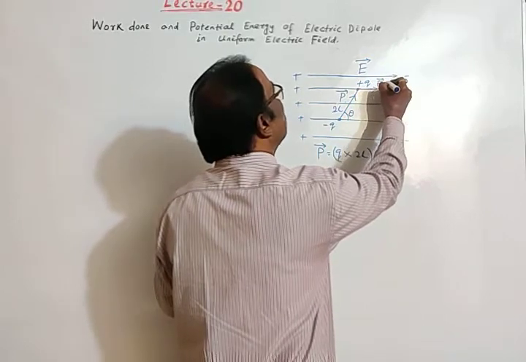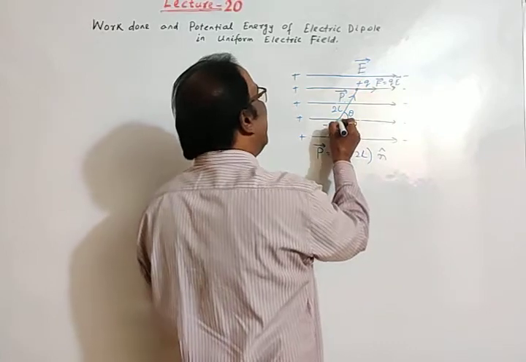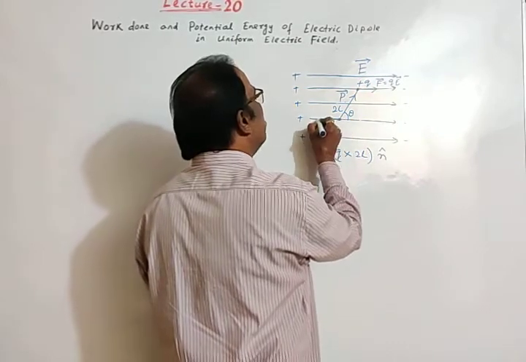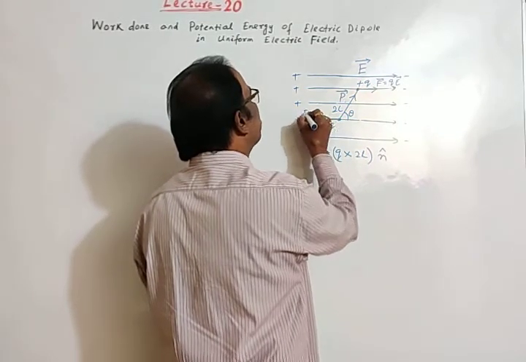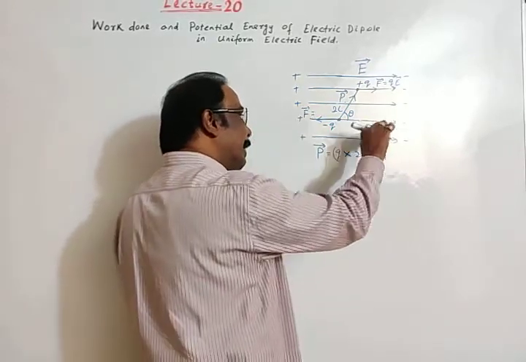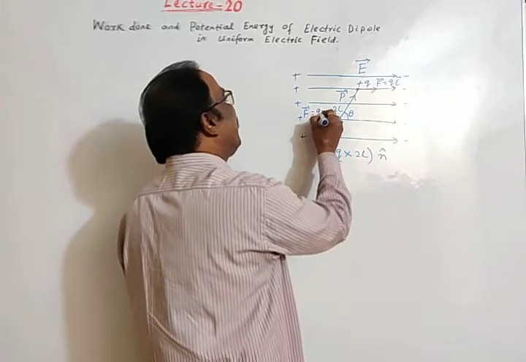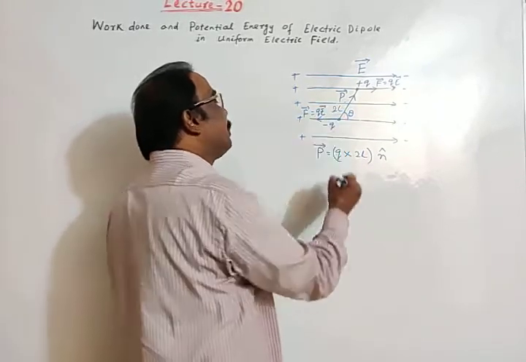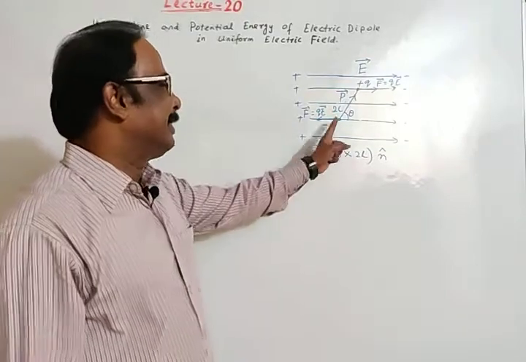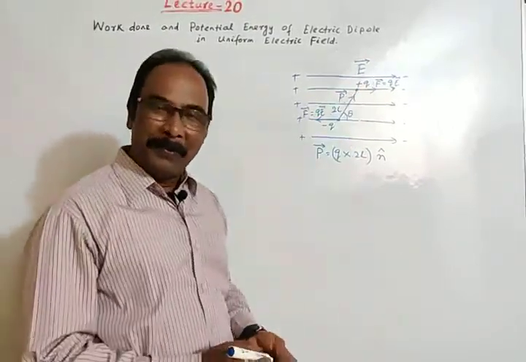If this force is F, this force is qE. Again, this negative charge will experience a force opposite to the direction of electric field, meaning anti-parallel to the direction of electric field. Again, this is qE. Thus, the dipole experiences two equal and opposite forces.